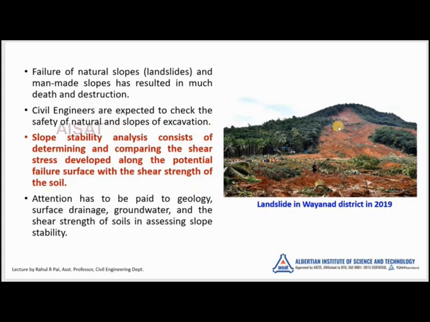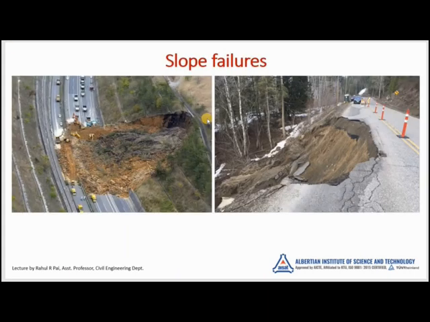This figure says it all, how a slope gets damaged. Here is another figure of how a highway embankment failed. On the right hand side of this figure, you can see a highway embankment failing because a steep slope was given, and maybe they did not give any proper protection, or the proper analysis might not have been done, and that is the reason for the failure.